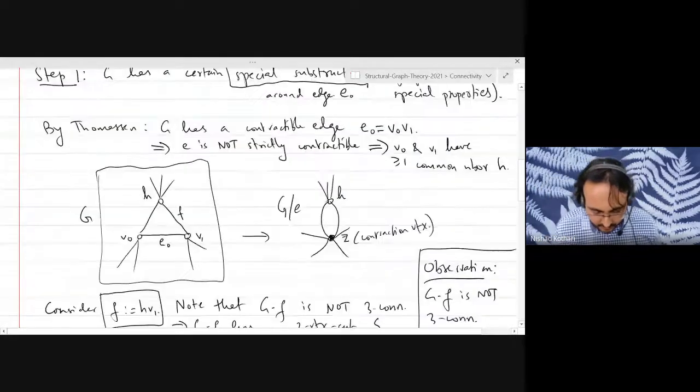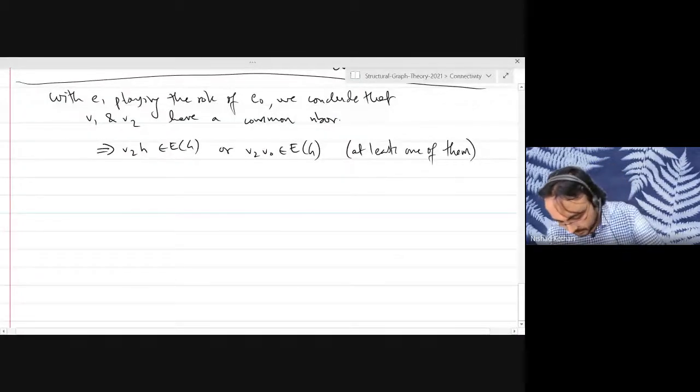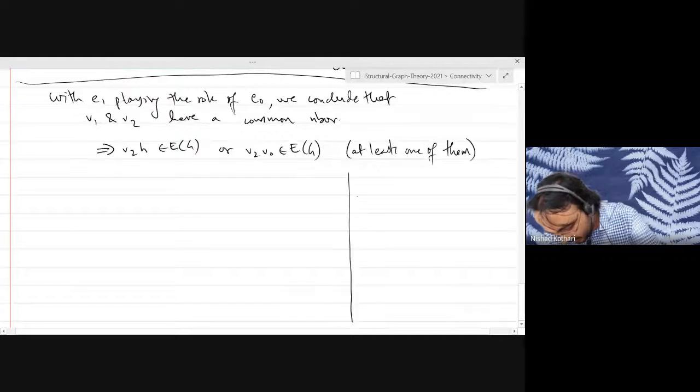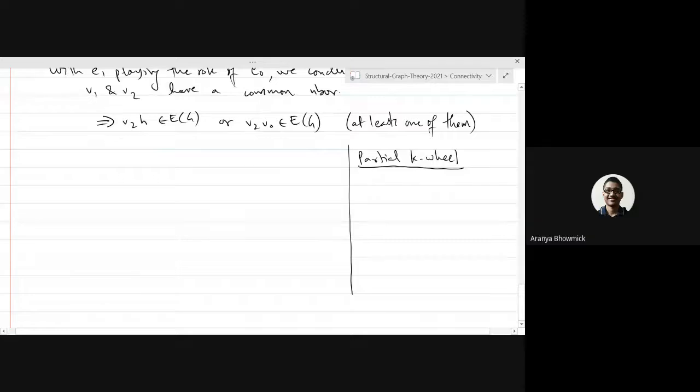Okay, so let me put down the definition somewhere here on the side. In fact, we will call it a partial K wheel depending on the length or the size of the wheel. Yeah. So when you write special substructure, you mean that the graph G has that substructure as an induced subgraph, right?